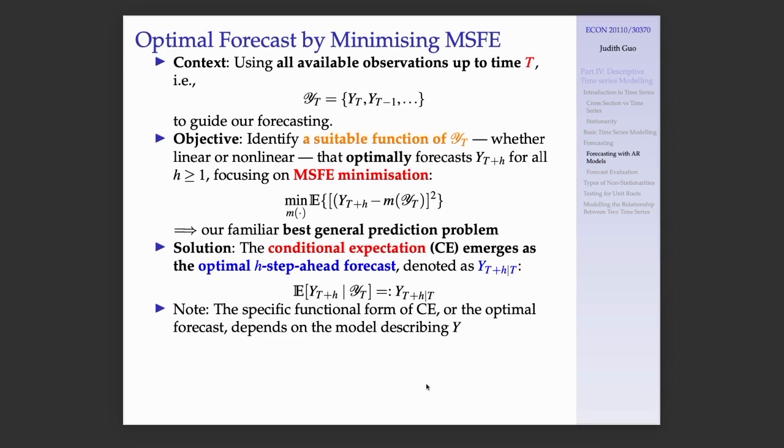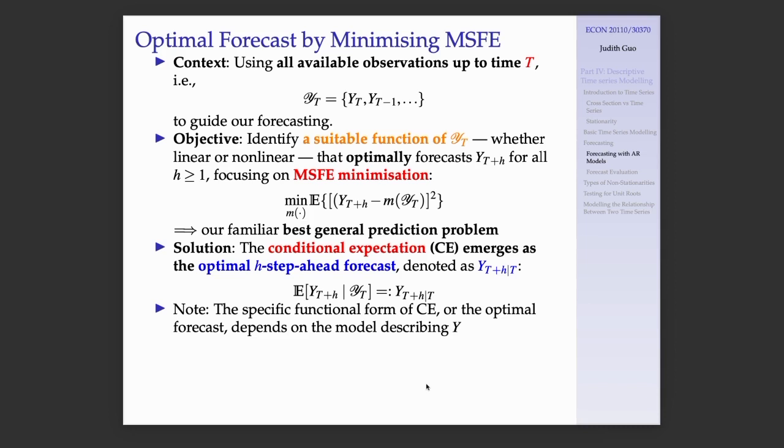Okay? Conditional expectation is the best general predictor in the sense of minimizing the mean square forecast error, or in the sense of minimizing the mean square prediction error in our regression case, which we had discussed in topic 1 last semester. Okay? So the specific functional form of this conditional expectation, or so-called the optimal H-step ahead forecast, will then depend on the specific model we attempt to use to describe the underlying data.